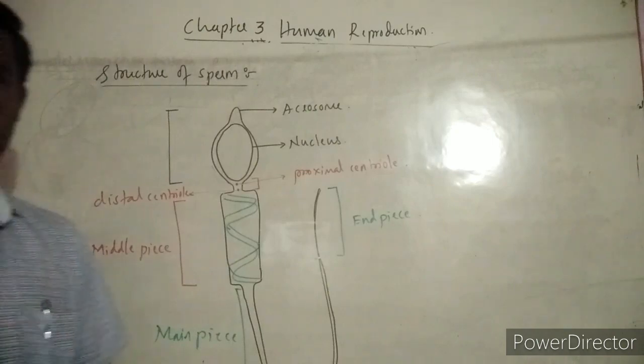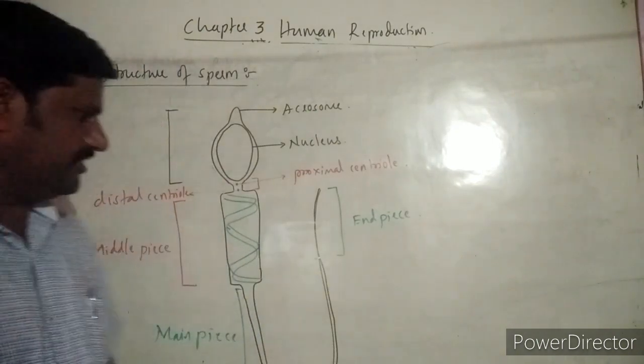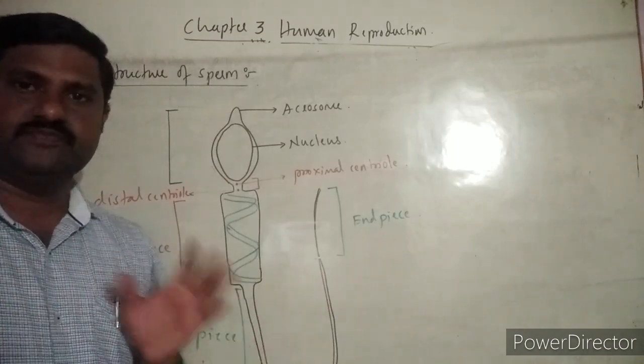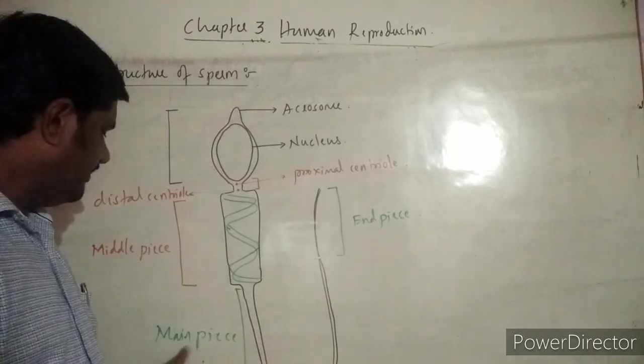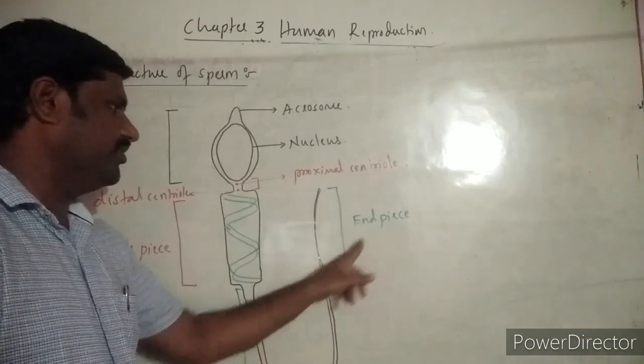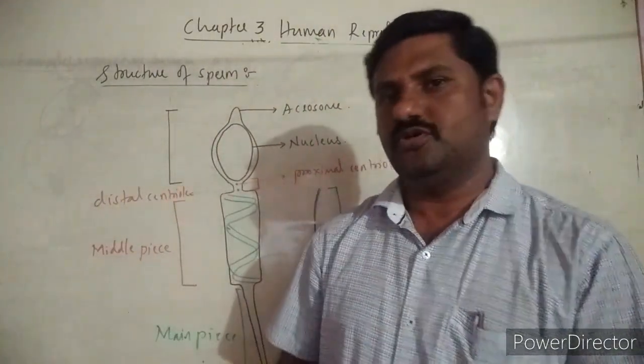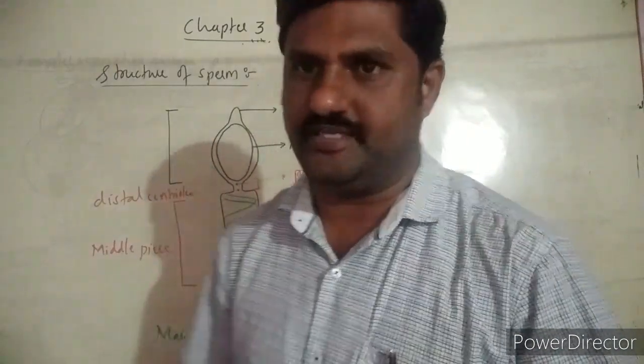In the tail itself we make two parts. The first one, the initial part of the tail, is said to be the main piece, and the end portion is called the end piece. What is the difference between these two? Later in the explanation we will see.